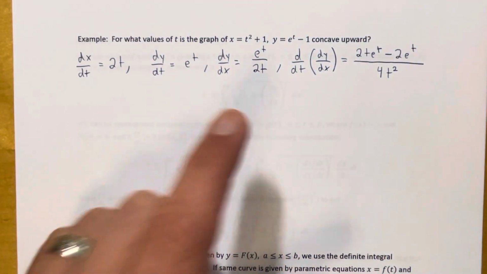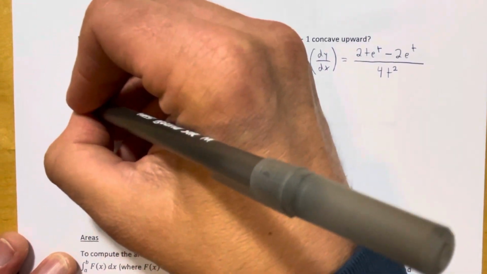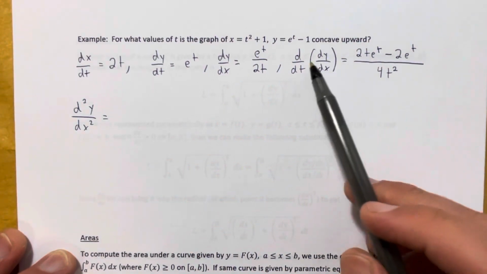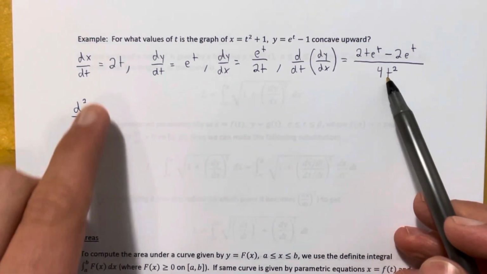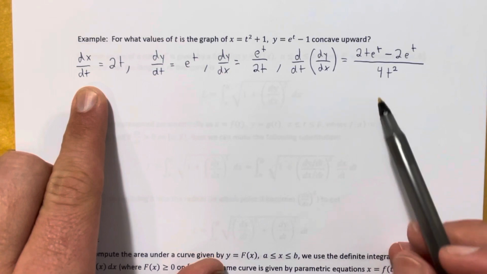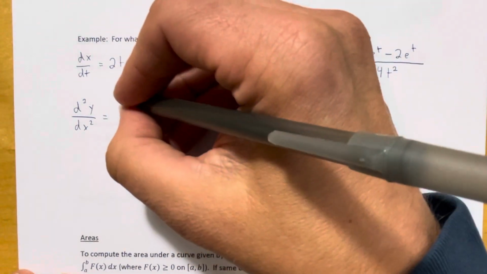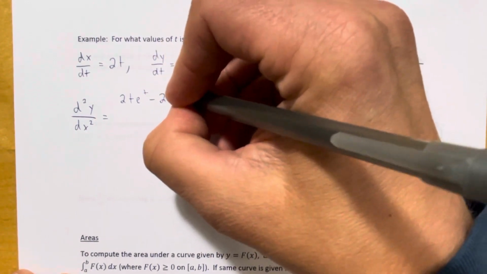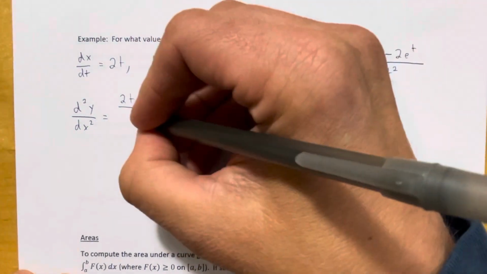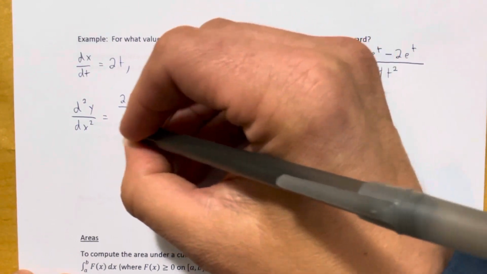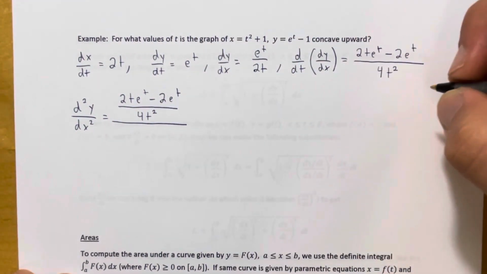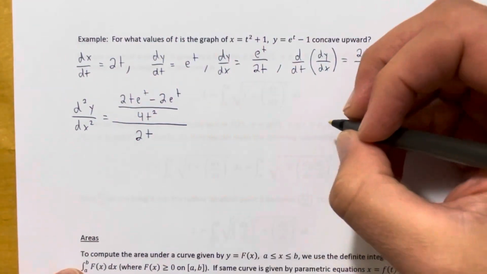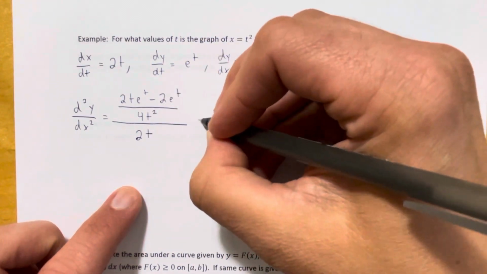Okay? Now, my second derivative of y with respect to x, remember, is equal to this expression here over my original dx/dt. Okay? So I'm going to get 2t e to the t minus 2e to the t over 4t squared, all divided by 2t.